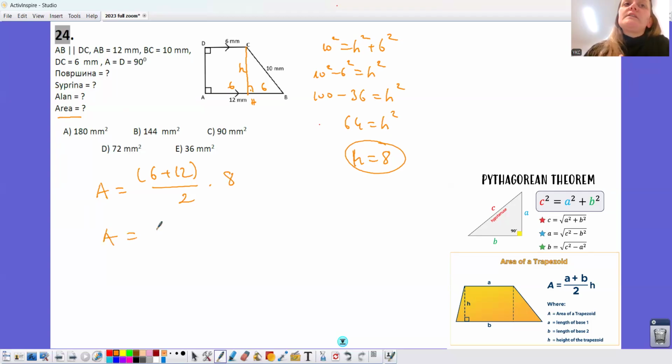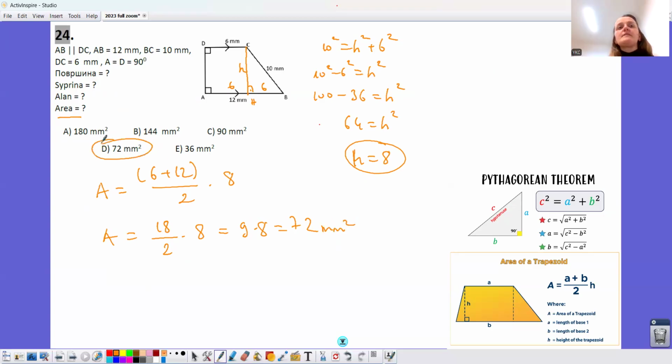So the area is 18 over 2 times 8. 18 over 2 is 9, times 8, it is 72. This is 72 square millimeters is the area, which is D. This is the 24th one.